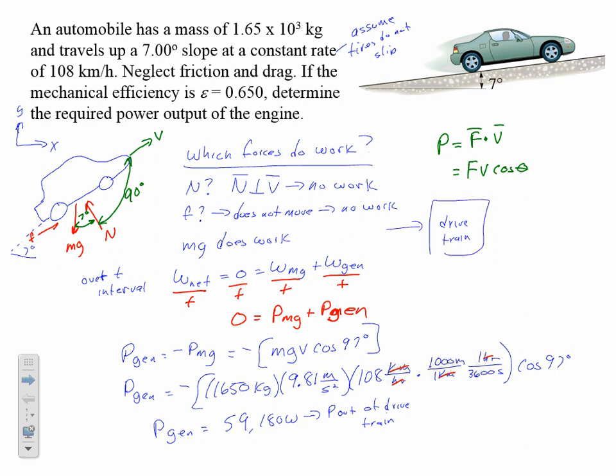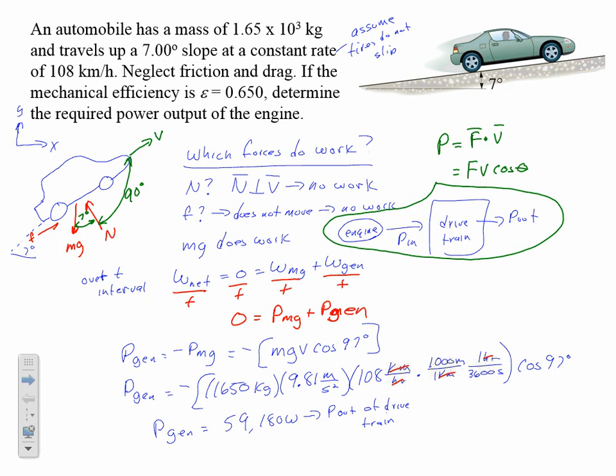We're going to have power in. This comes from the engine. Right, the engine is up here delivering power to the drivetrain, and then there's power out. And so we know that only 65% of the power delivered to the drivetrain comes out of it. The rest is lost to friction and noise and so forth.